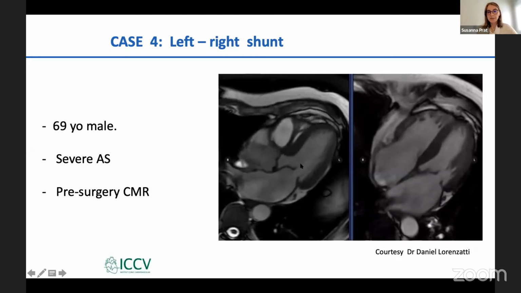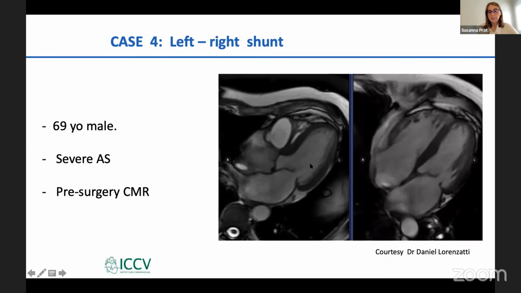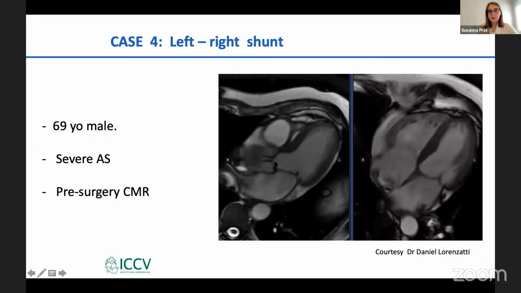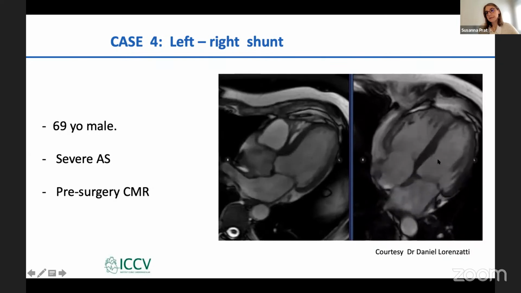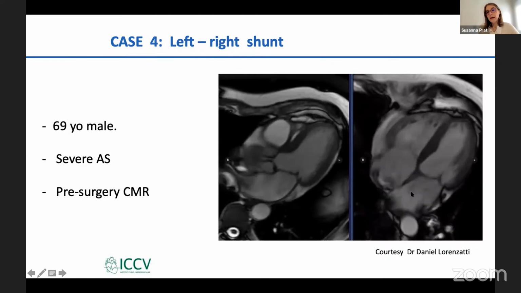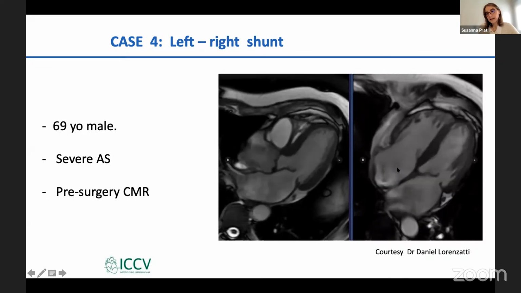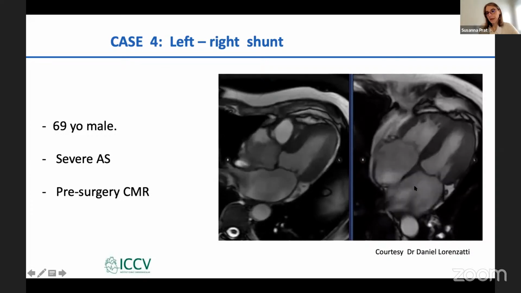Here, in the 3 chambers view, we can see that the left ventricle is moving well, and in the aortic valve we see that the opening is reduced. And this is the 4 chambers cine. We can see the left ventricle and some dilated atria.